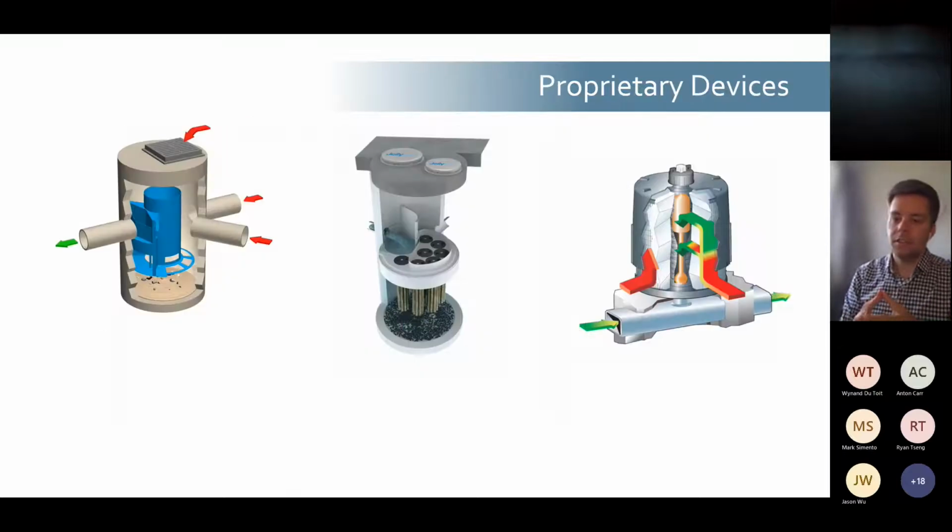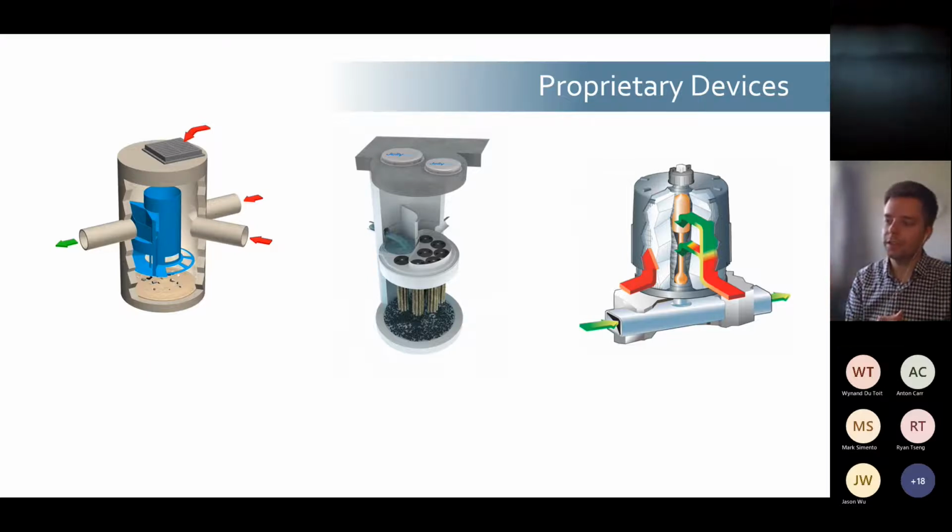So let's consider three of the proprietary treatment devices. On the left, you've got the Cascade Separator. That is a gross pollutant trap, and all gross pollutant traps are generally sized for 50% TSS removal with a particle size distribution with a D50 of 75 micron. Then in the middle, we've got a JellyFish.